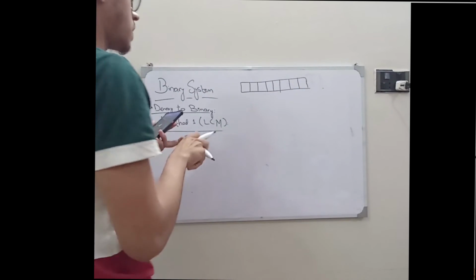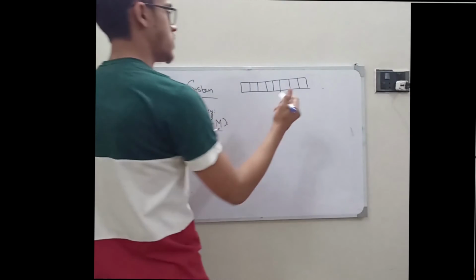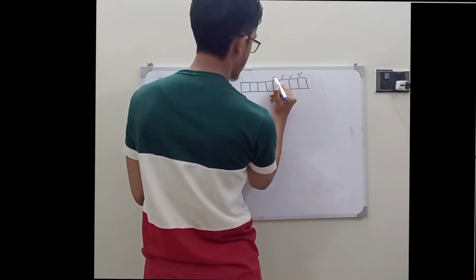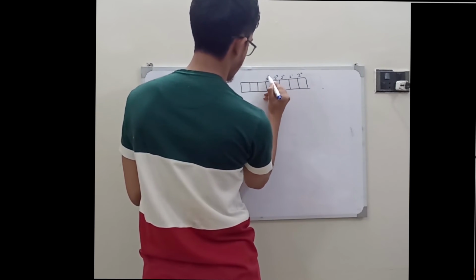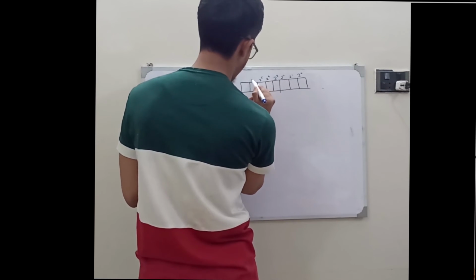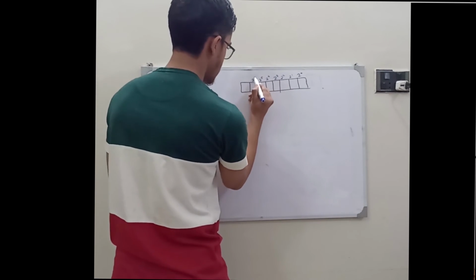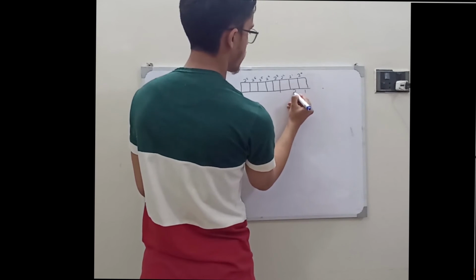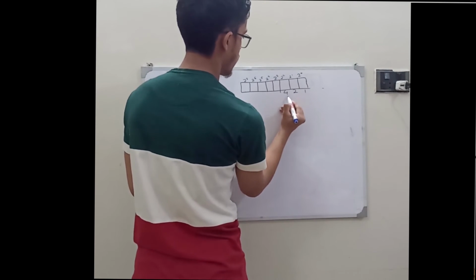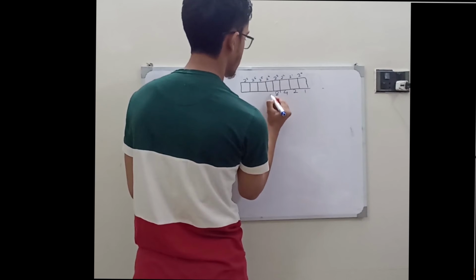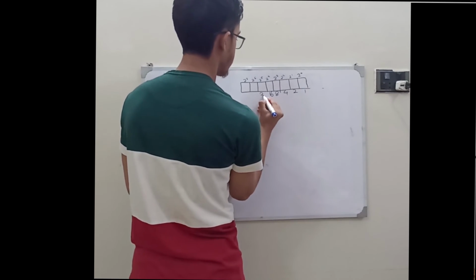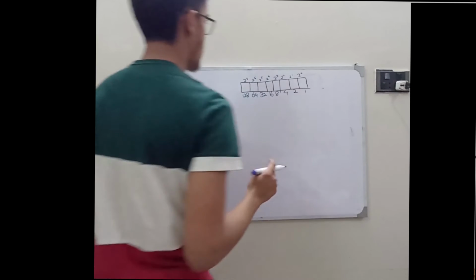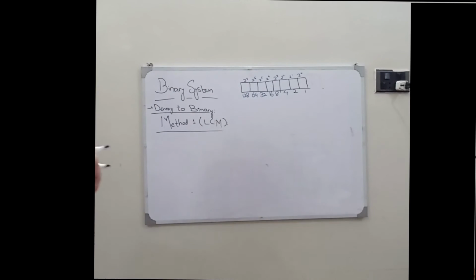Now before I write these numbers, let me write down the powers first. 2 power 0 is 1, 2 power 1 is 2, 2 power 2 is 4, 2 power 3 is 8, 16, 32, 64, and then 128.